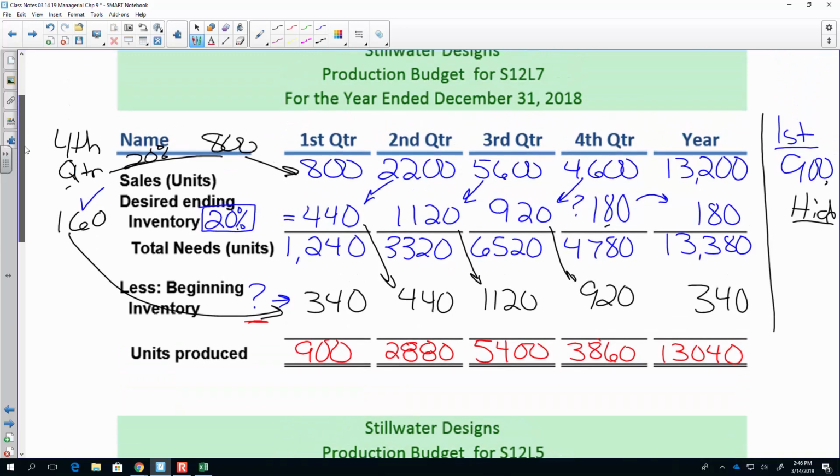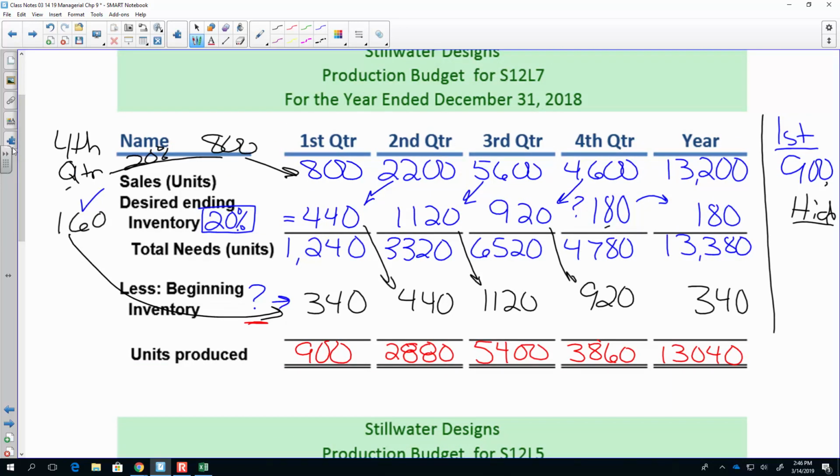So as a review, this 20% is finished goods inventory. The 20%, or whatever the percent, is usually based on quarter sales.